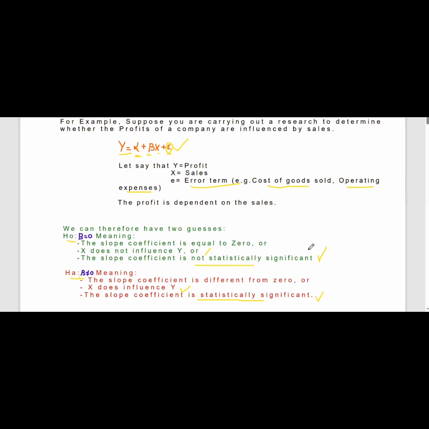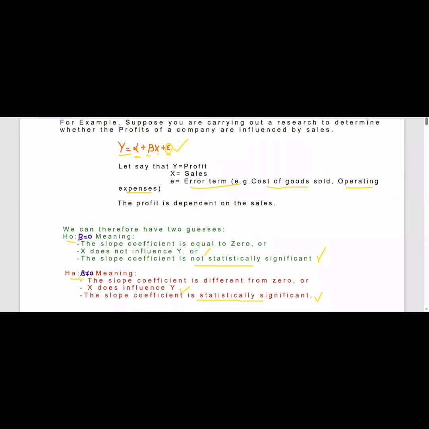The aim of this video was for you to know what we mean by the null hypothesis and the alternative hypothesis. The null hypothesis is where X does not influence Y, or the slope coefficient is not statistically significant. In the alternative hypothesis, X does influence Y and the slope coefficient is statistically significant.